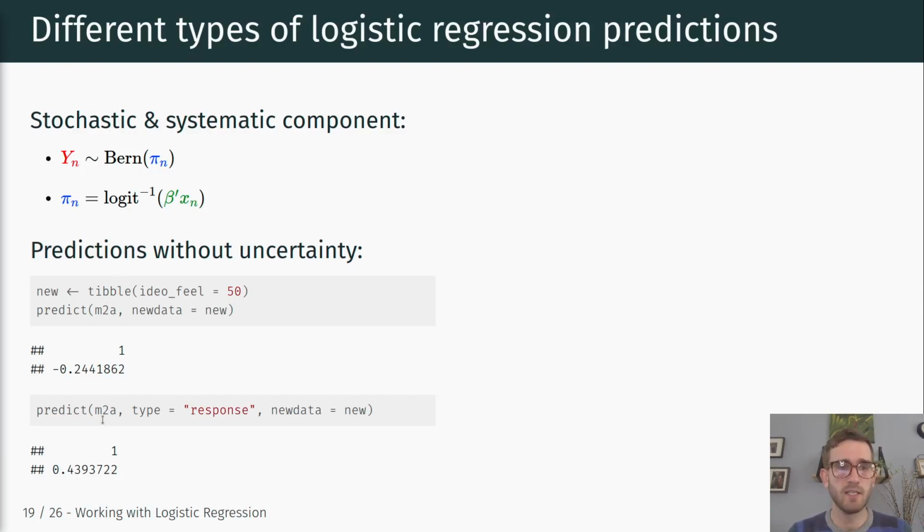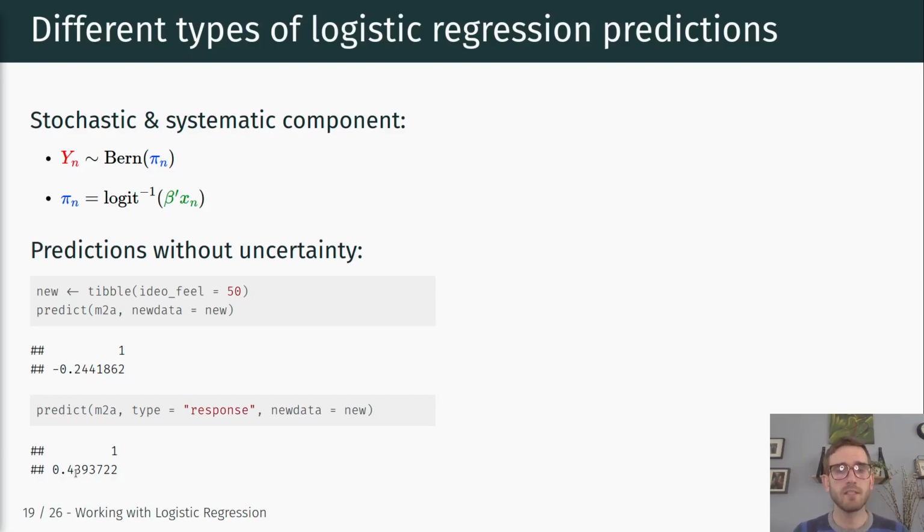So in other words, what we're getting is not beta prime xn, what we're getting is this pi n, the predicted probability based on our covariates. And that predicted probability in our case here is 0.439, so around 44% probability to vote for the Republican candidate for a respondent who placed him or herself at the center of this ideological feeling thermometer.